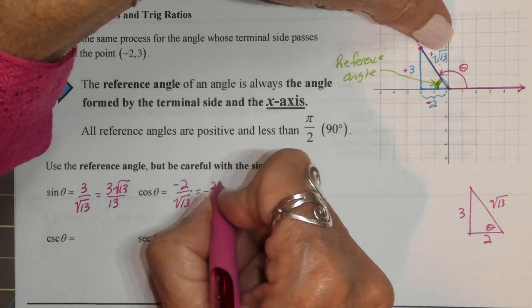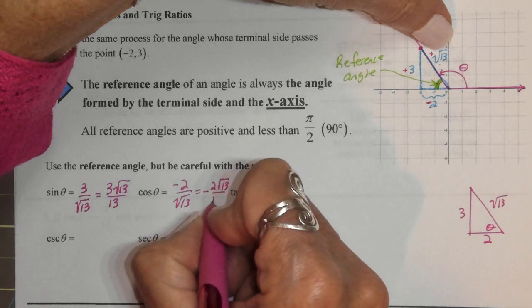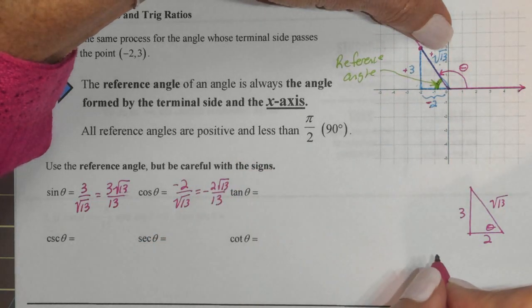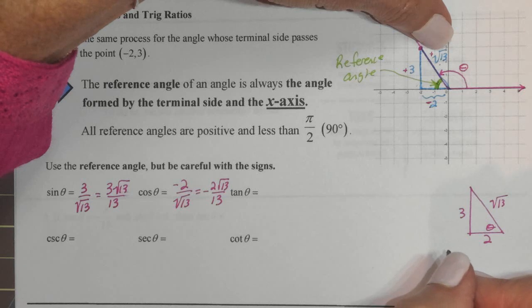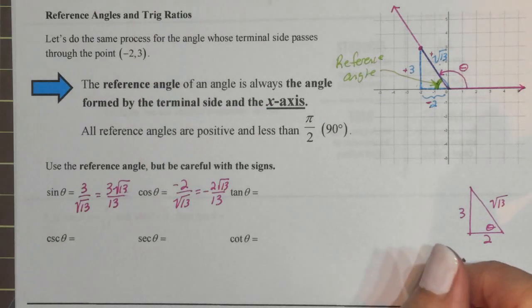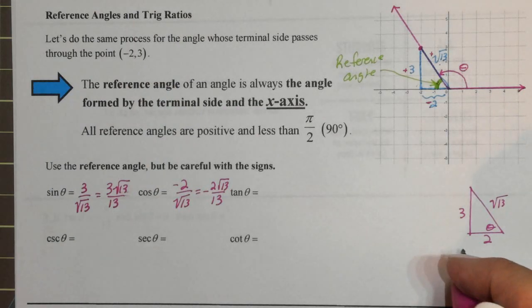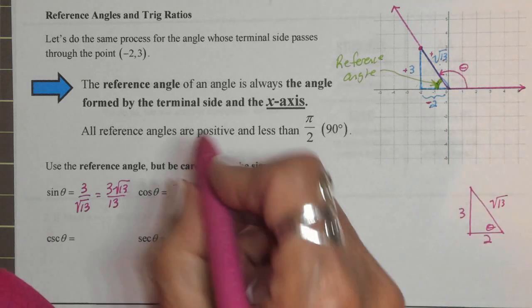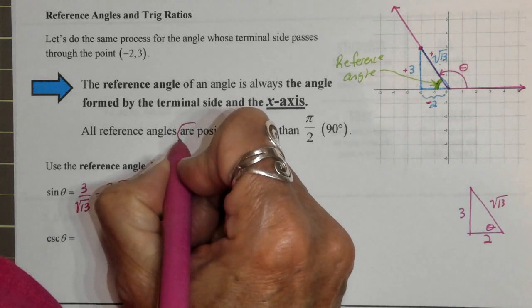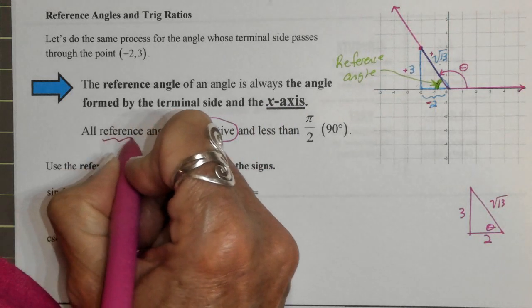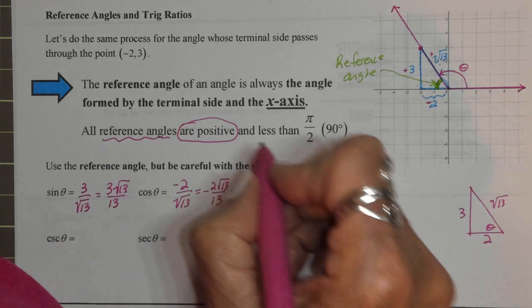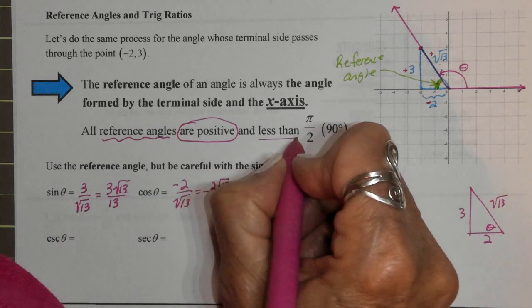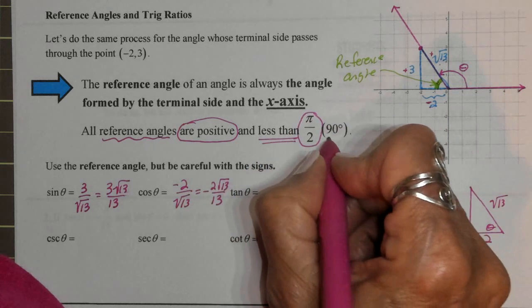Which one rationalizes to -2 square root of 13 over 13. Okay? That's how that reference angle works. Reference angles are always positive, and they are always less than pi over 2, which is 90 degrees.